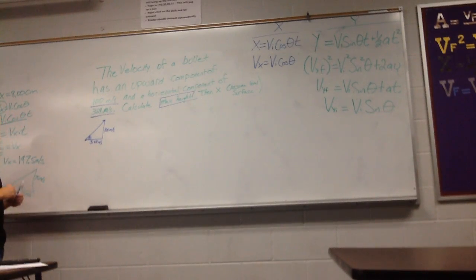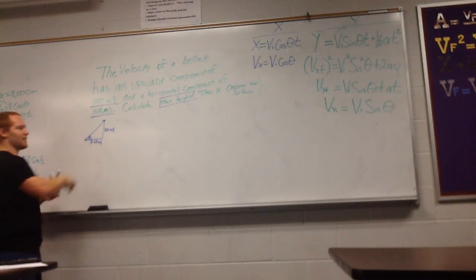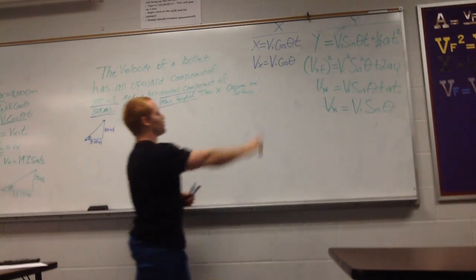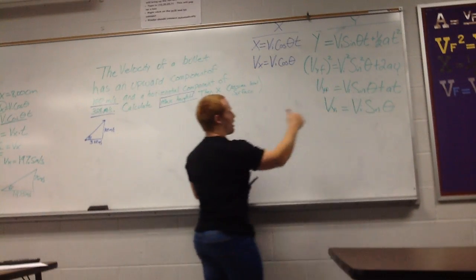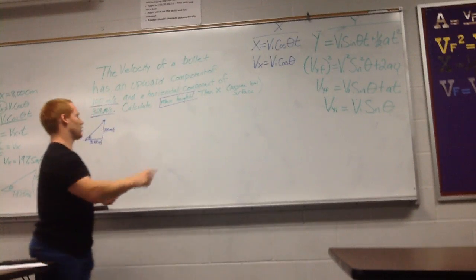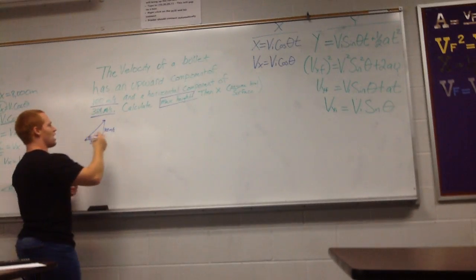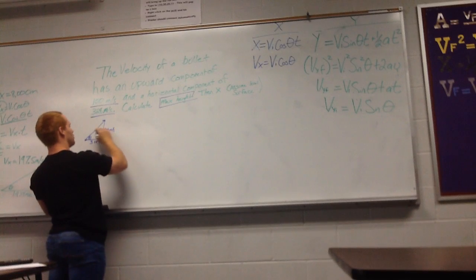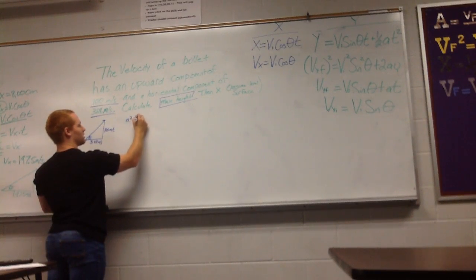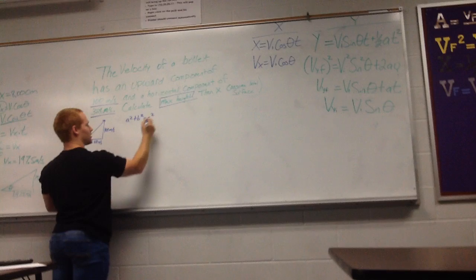So first thing I'm going to do is solve for VI and theta. The reason why is if you look at every single equation, it will have VI and theta. To solve for VI, I am going to just use a squared plus b squared equals c squared.